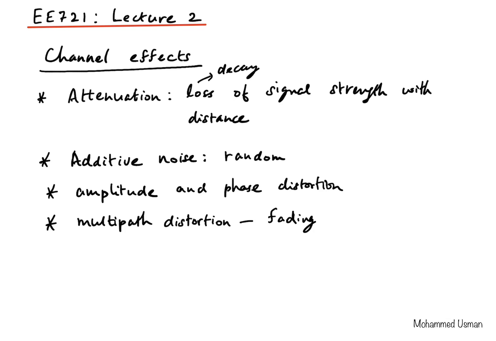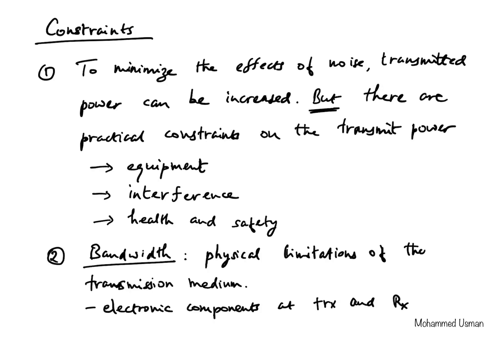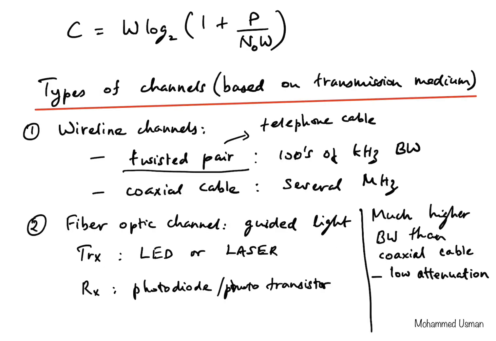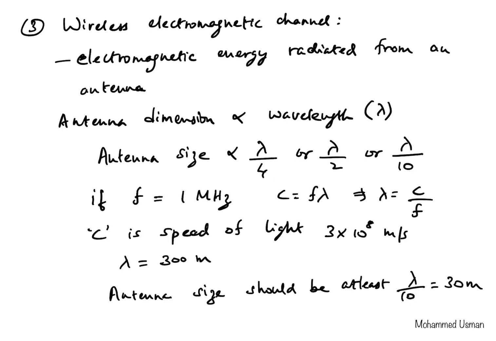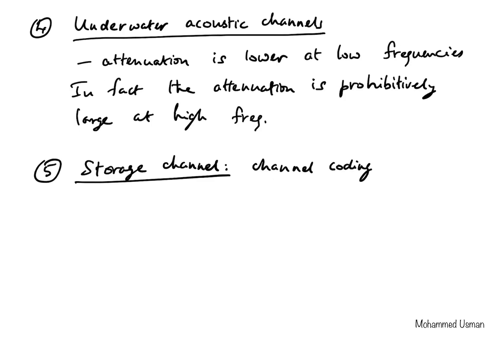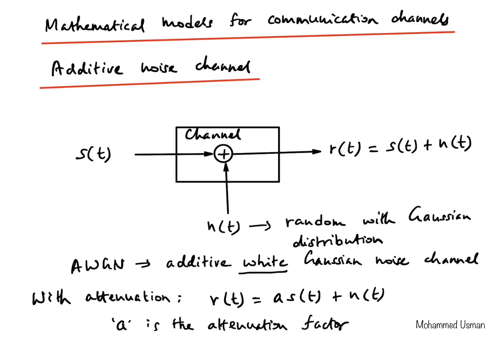We did a review of the channel effects from the previous lecture, and then we also discussed the two constraints that we encounter: the transmit power constraint and the bandwidth constraint, both of which influence the capacity of the channel, which in turn affects the rate at which we can communicate reliably on a physical channel. And then we talked about the types of channels, which are broadly classified as wireline channels, fiber optic channels, wireless channels, underwater channels, and finally the storage channels.